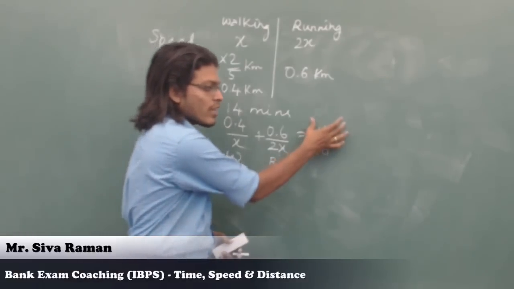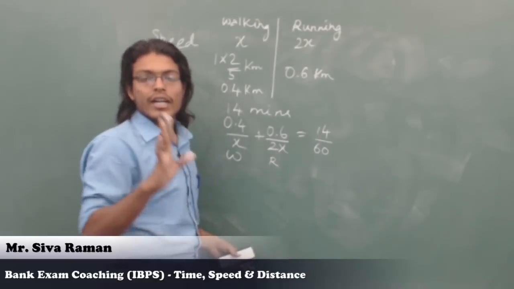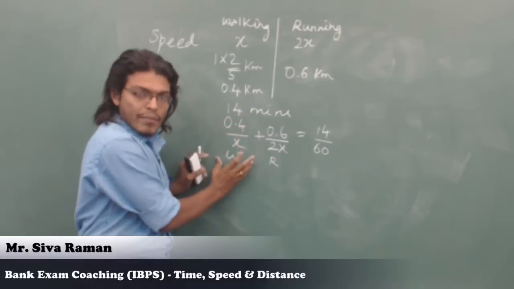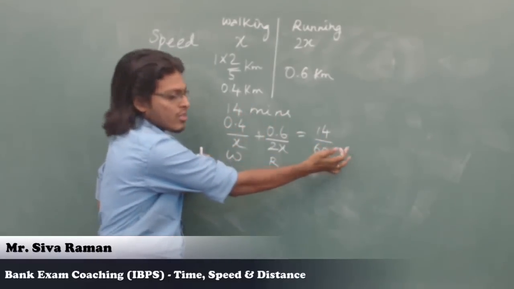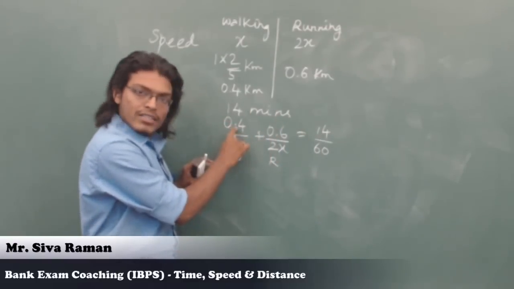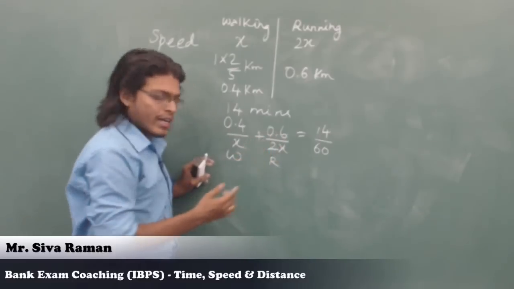What we did: we know that the time data is conclusive, so we are now equating the time part. The walking time plus the running time is equal to 14 minutes. We converted it into hours by dividing it by 60. Walking distance divided by walking speed, running distance divided by running speed.